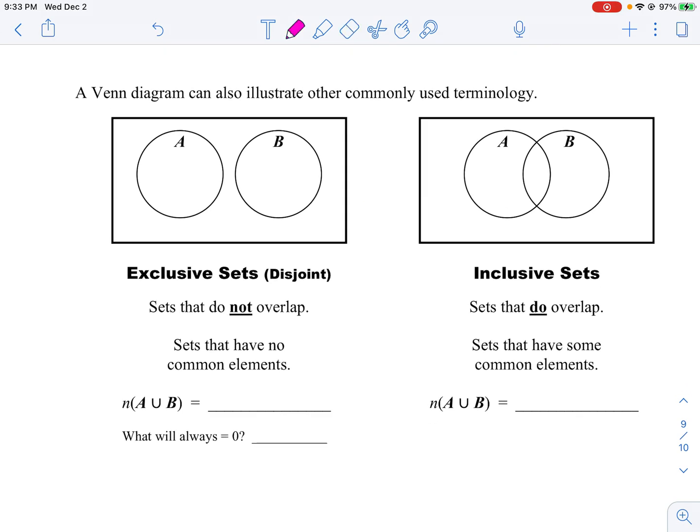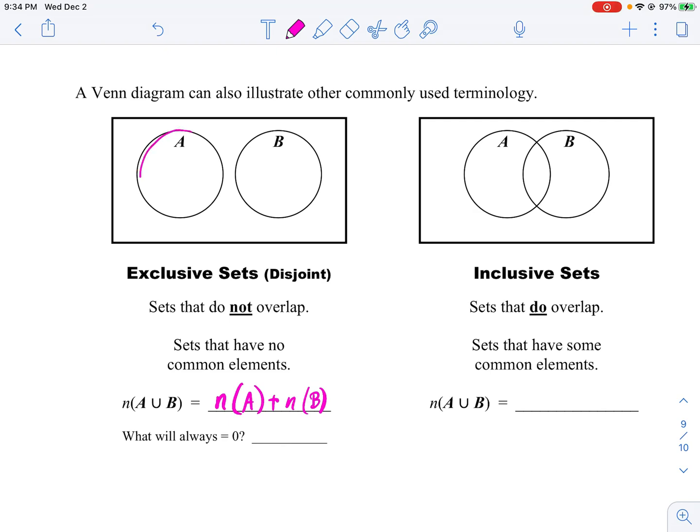The number of A's or B's would just be the number of A's plus the number of B's, the number of elements in the set of B and number of elements in A, if the sets don't overlap. Recall my 1 to 10 numbers.